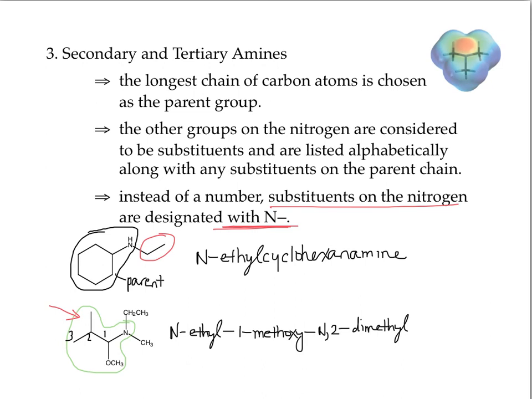Then it's a propane, so we're going to go propan, drop that E, and it's 1-amine. So having a substituted amine is not a big deal. You just figure out which one's the best primary amine. Anything else off of that is considered to be a substituent labeled with N.